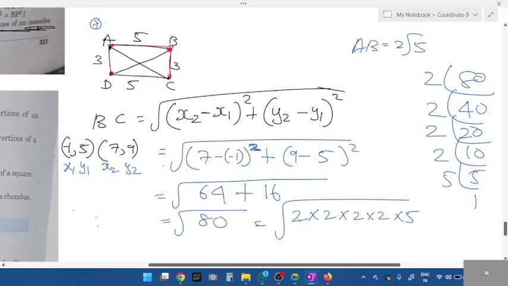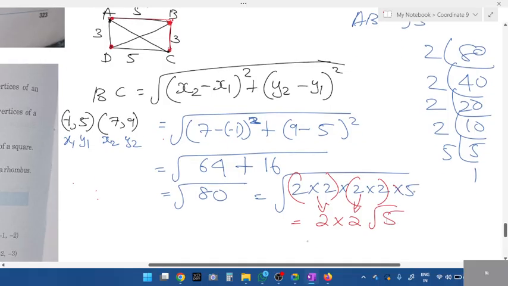Tell me the value. I know that, Delicia. How many numbers I have to take out? I have to take 1. What is 5? As it is. Right? 4 root 5.